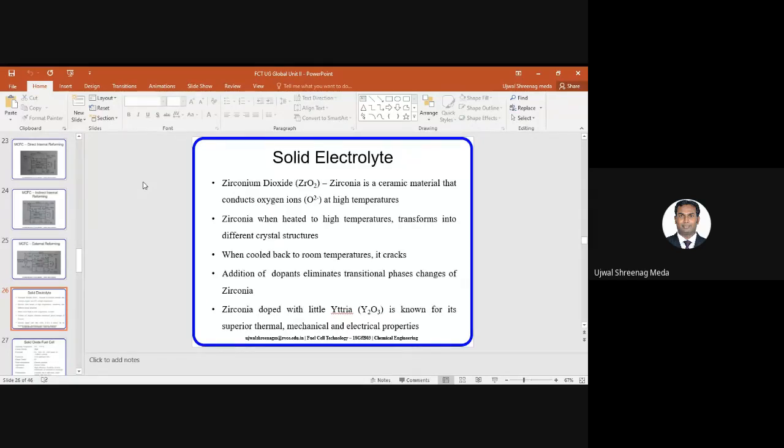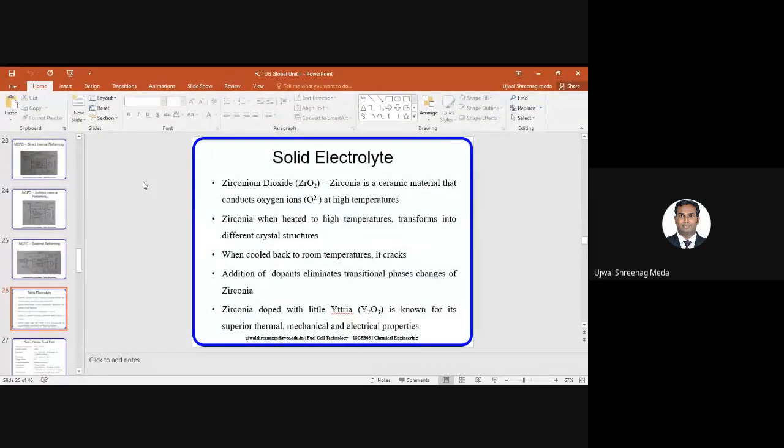It is a ceramic material which has the ability to conduct oxygen ions at high temperatures. So we are talking about the electrolyte, which is a solid material. In all other fuel cells that we discussed so far, the electrolyte was liquid. In a liquid electrolyte, ion conduction is easy and straightforward.